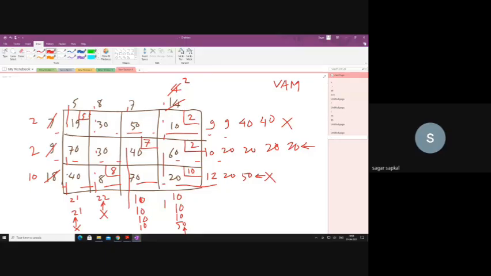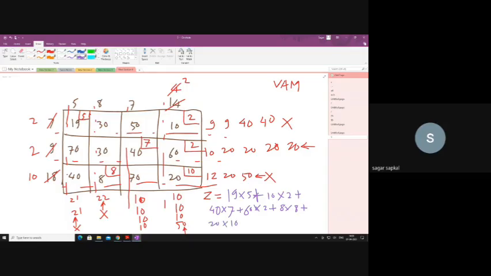Now find out the Z value. For finding out the Z value, you have to focus on the allocations. 19 into 5 plus 10 into 2 plus 40 into 7 plus 60 into 2 plus 8 into 8 plus 20 into 10.